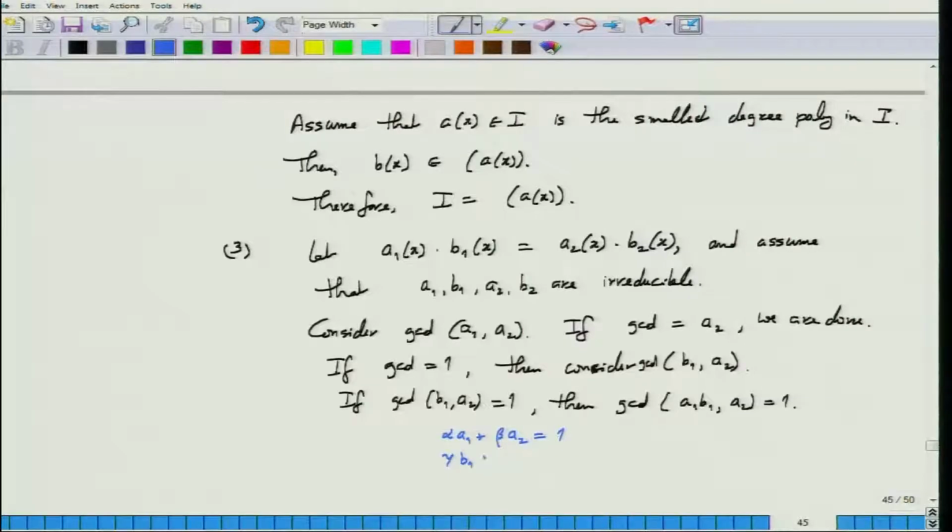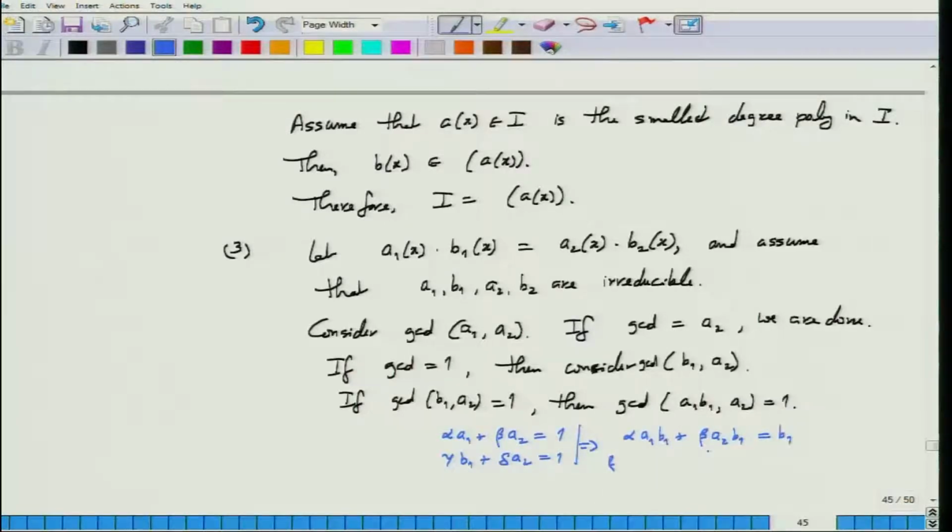Gamma B1 plus delta A2 is 1. Okay. So just combine these two. Multiply this with B1. So we get alpha A1 B1 plus beta A2 B1 is B1.